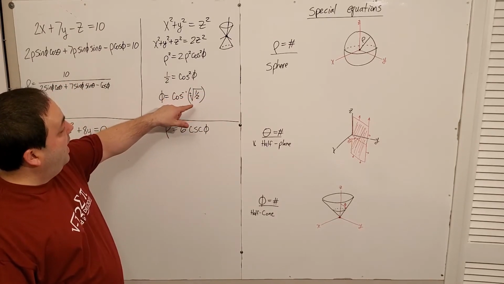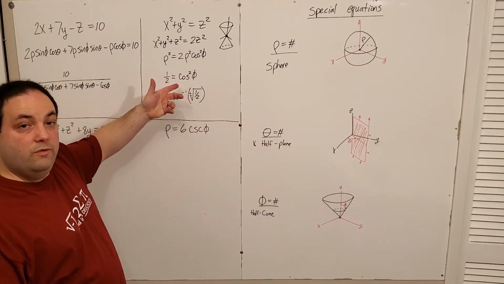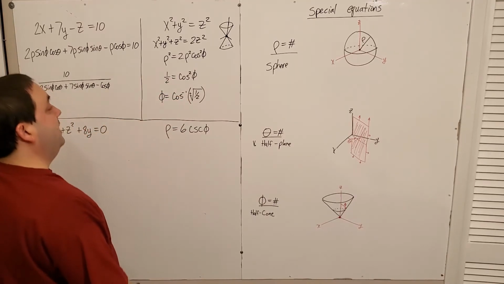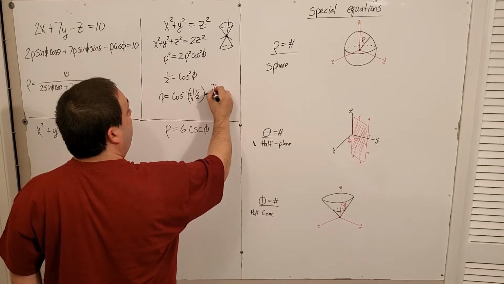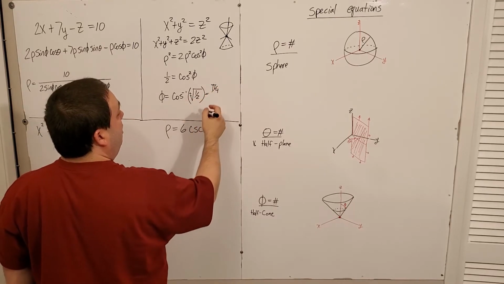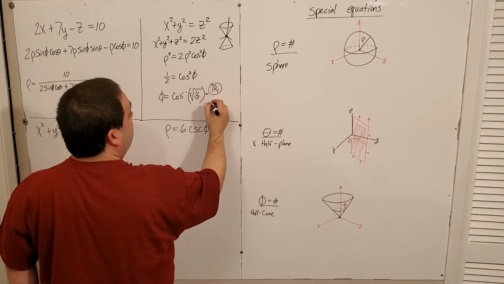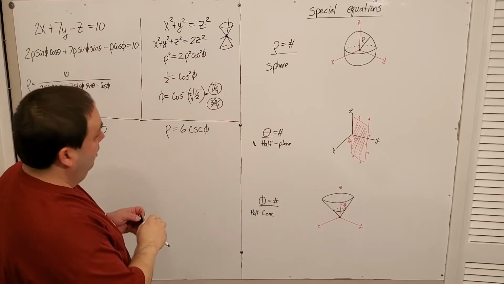Now, square root of 1/2 is square root of 2 over 2, right? Which means I'm getting two different answers here. I'm either getting pi over 4 for the positive one, or 3 pi over 4 for the negative one, okay?